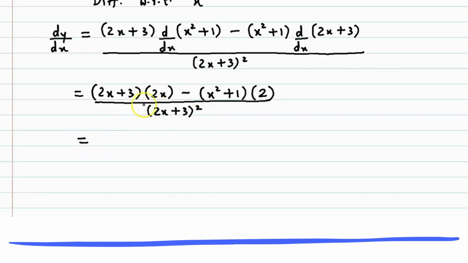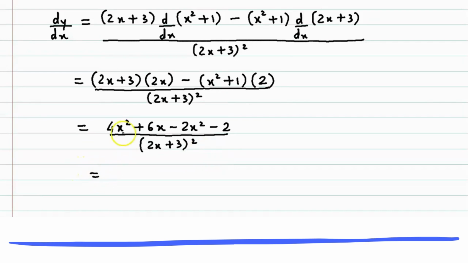Now simplifying the numerator, 2x into 2x gives 4x square, 2x into 3, that is 6x, 2 into x square, 2x square, and the negative sign here, so it's minus 2x square, 2 ones are 2 and the negative sign, so we have minus 2 divided by (2x plus 3) the whole square.